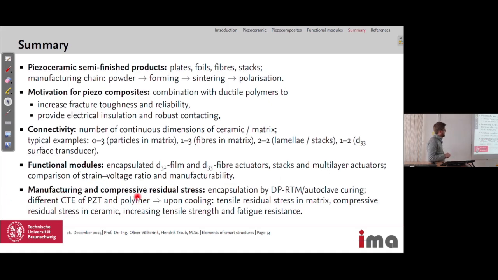And we had a look at the manufacturing process, which leads to residual stresses, which is beneficial because then we can secure the brittle piezoceramic a bit due to the compressive residual stresses in the ceramic, and therefore we have a more robust system.